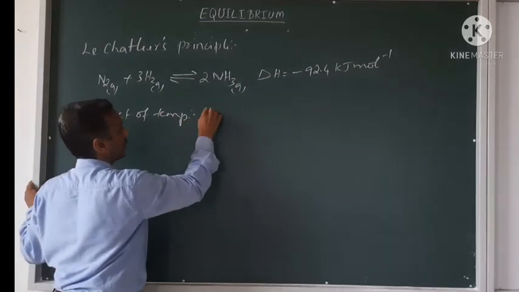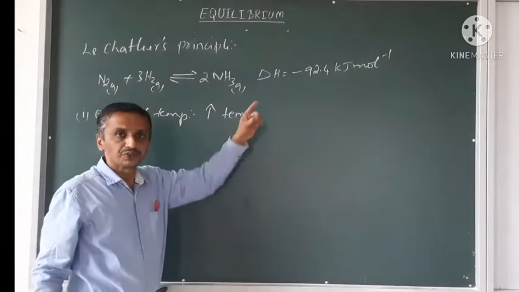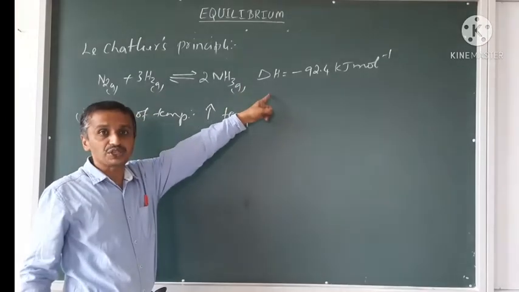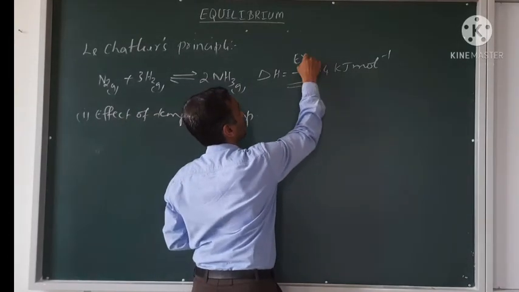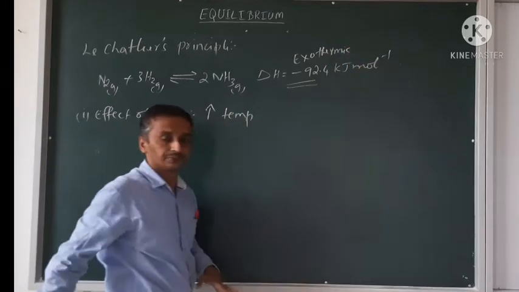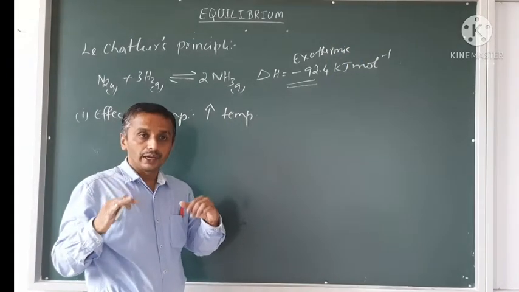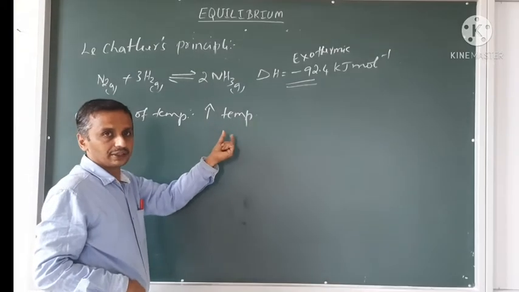What I do is, I will increase the temperature. See, this reaction is exothermic in nature because there is a negative sign. It is exothermic. And you see, I am increasing the temperature by heating.